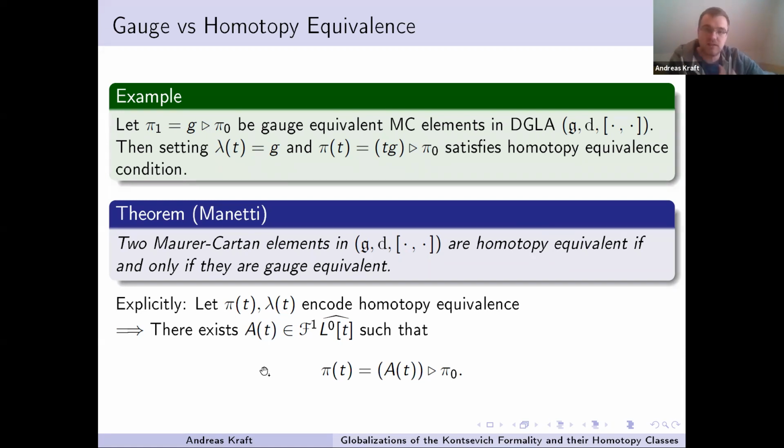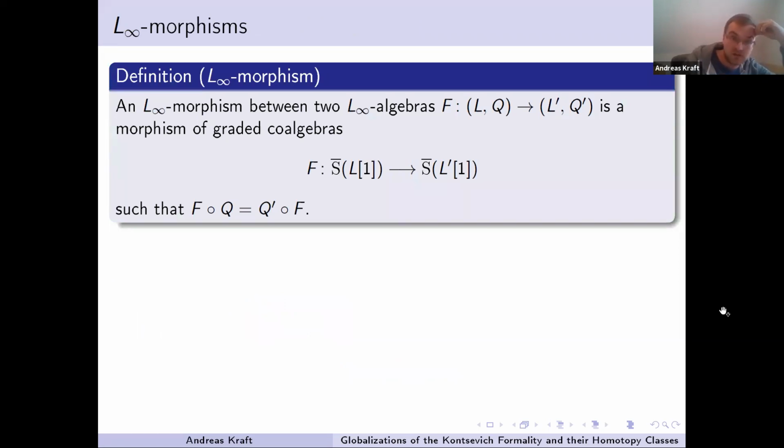And well, the reason I introduced this homotopy equivalence is because it's much nicer compatible with L-infinity morphisms than the gauge equivalence. So let me give you the definition of L-infinity morphisms. It's a morphism of graded coalgebras of degree 0 that commutes with the codifferentials here.